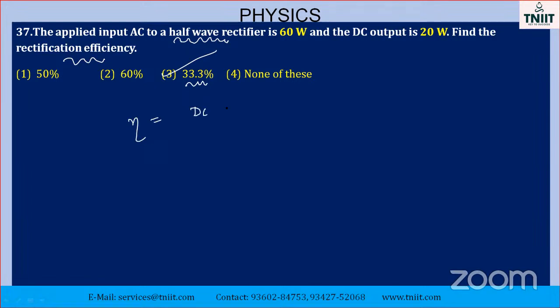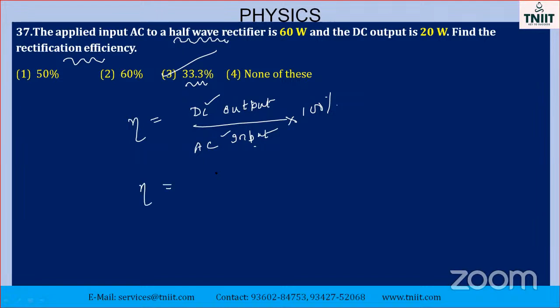Efficiency is DC output by AC input into 100%. Because the rectifier converts AC into DC, output will be DC and input will be AC.